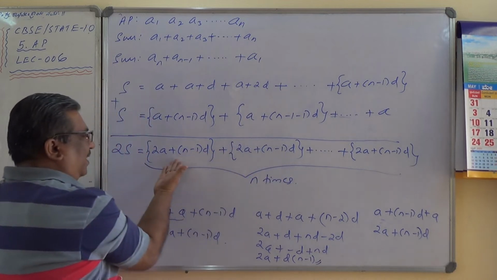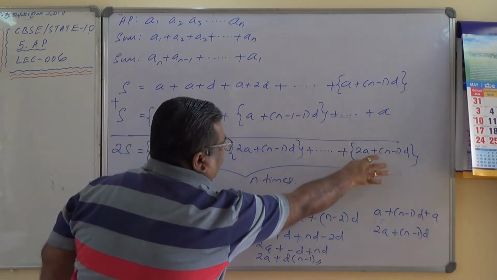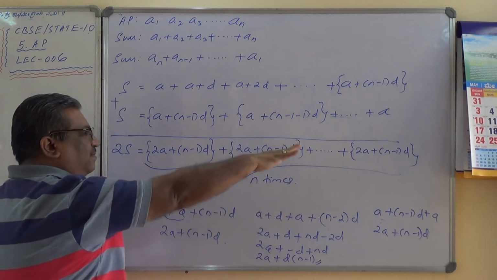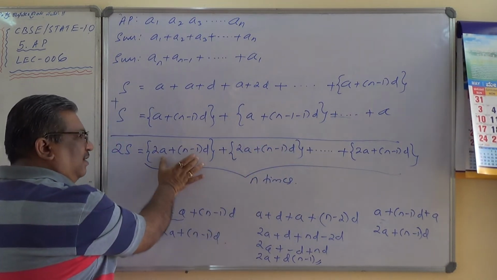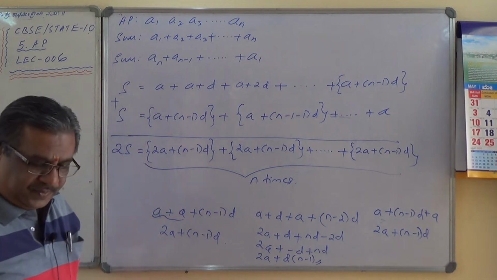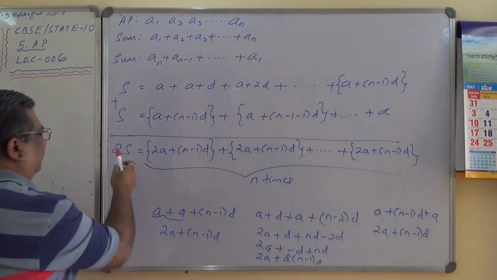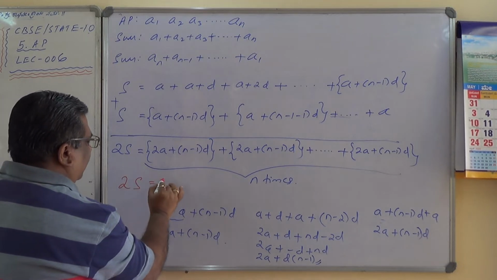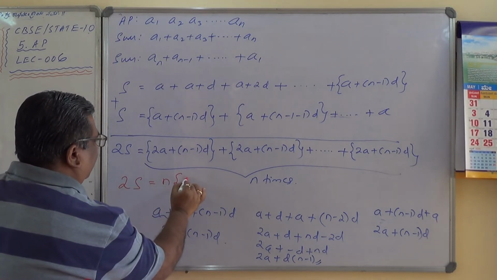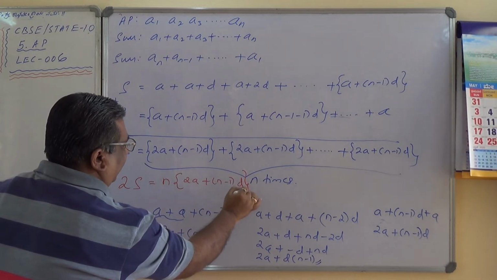All these are the same, do you find out? 2a plus n minus 1 into d, 2a plus n minus 1 into d, finally 2a plus n minus 1 into d. How many such terms are there? n terms are there, and therefore n times this single term gives the 2S. Therefore 2S equals n times 2a plus n minus 1 times d.